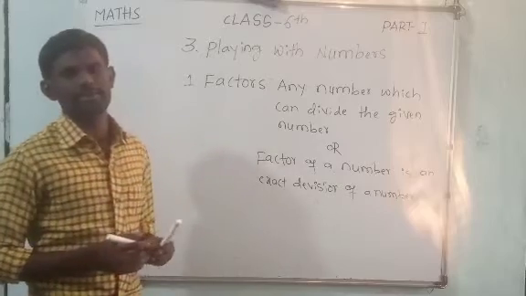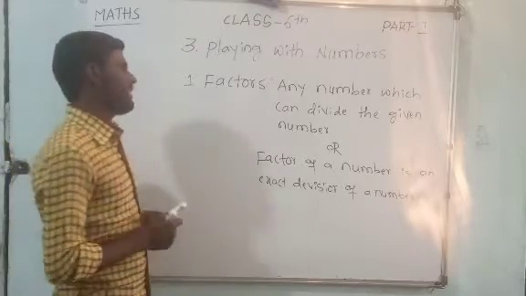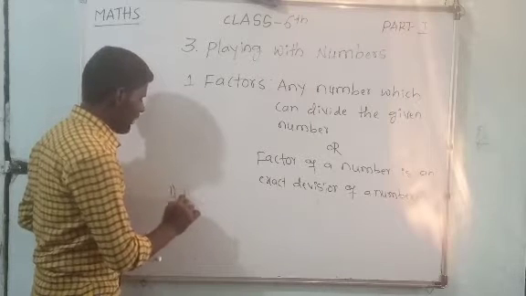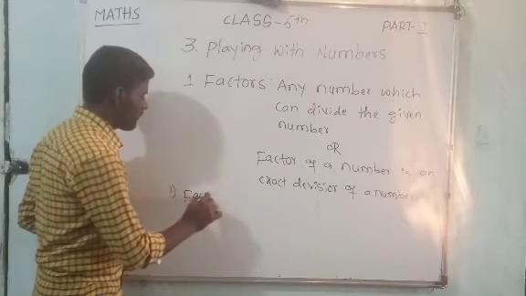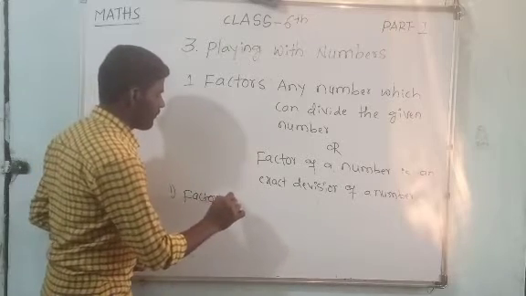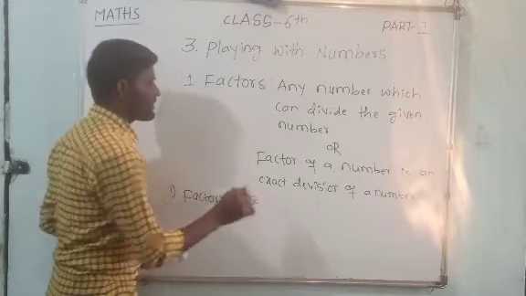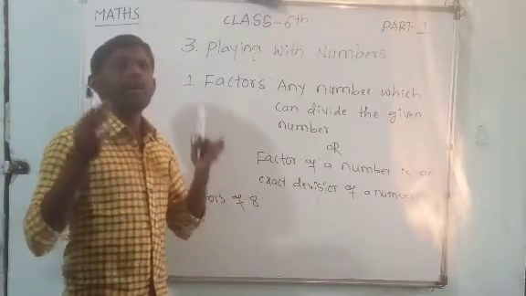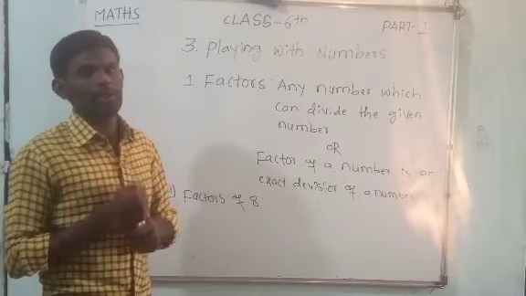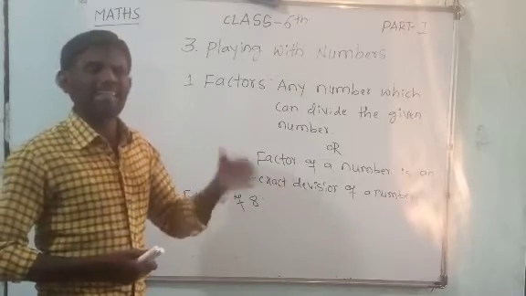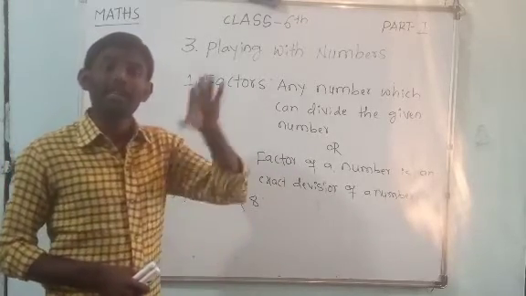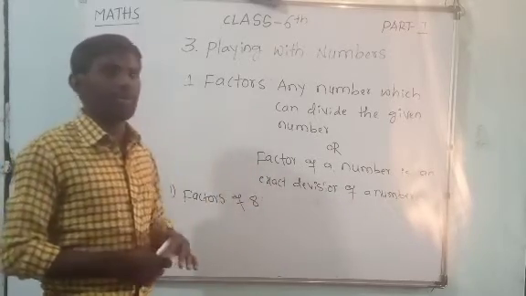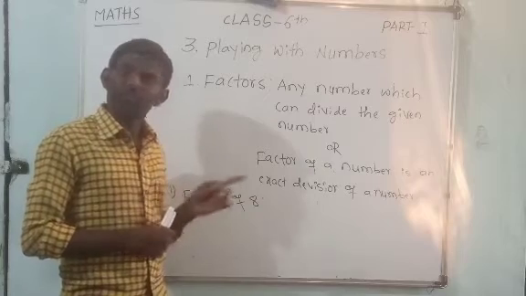The definition of factors is very simple. Suppose, see here, example 1: factors of 8. I will go with a very simple example. Factors means, as I already told you, any number which can divide the given number. Here the given number is 8.